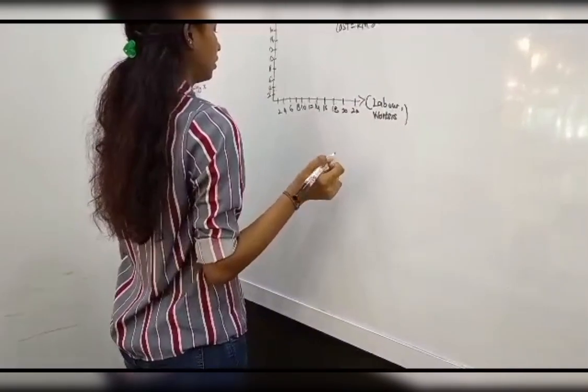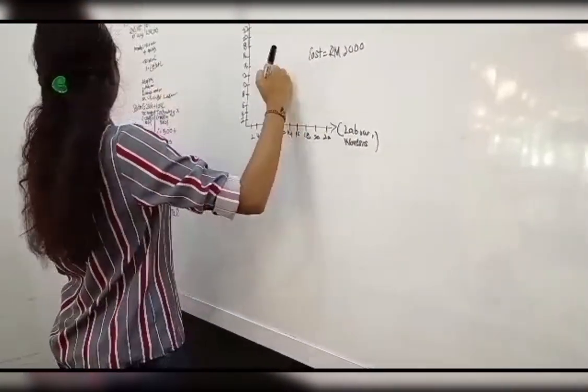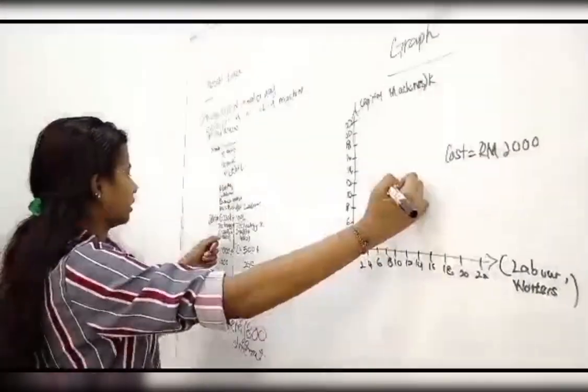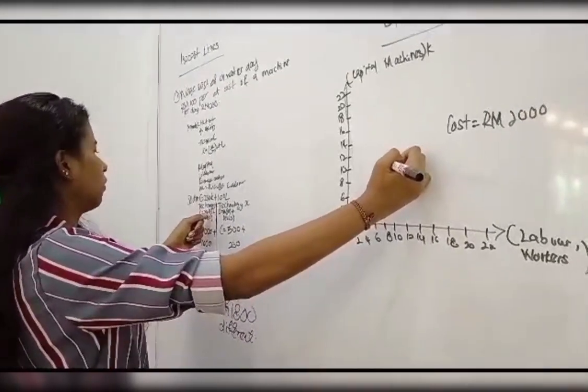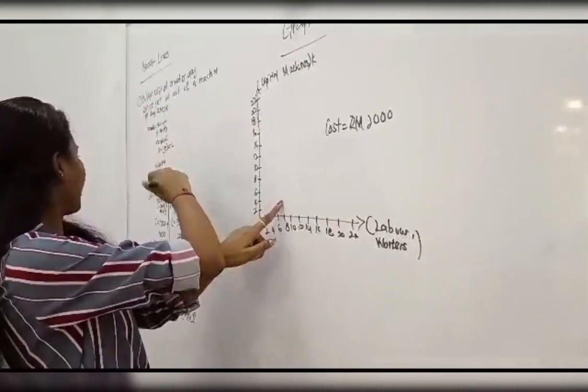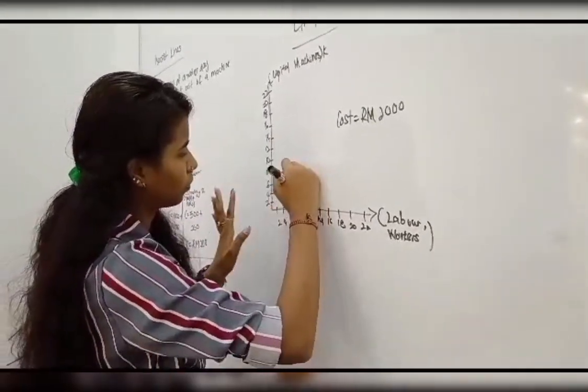Okay. We start to plot, but we must follow here also, which is here the labor one is 4, here 4, and then the technology X, so we must plot here.